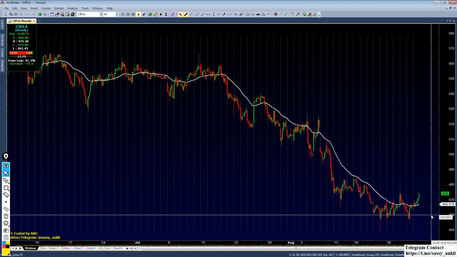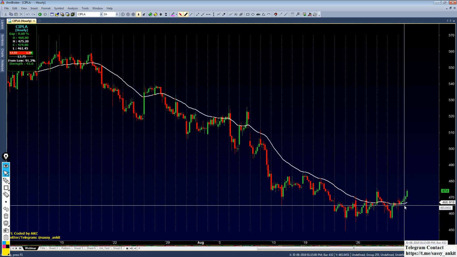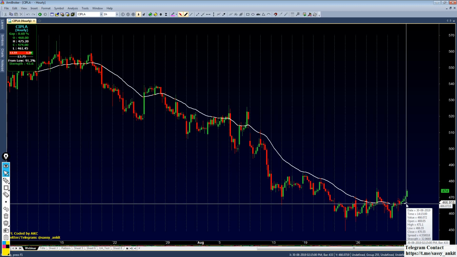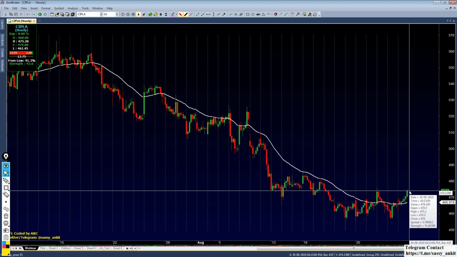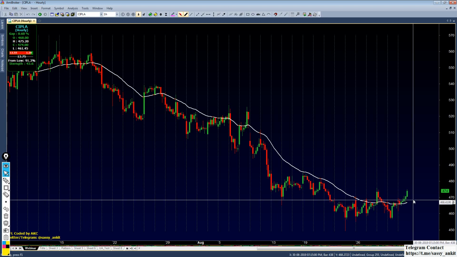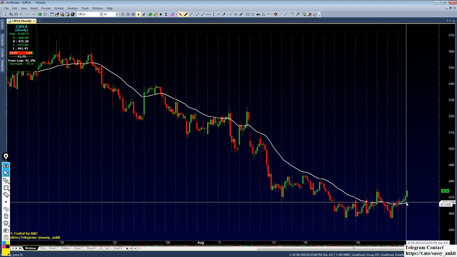So this is your trend line. Now as you can see, yesterday as it moved up from the trend line, it gave a nice rally from 466 to 473. It's like 6 points, 1.5% in one go. Also it gave an opportunity to this thing.